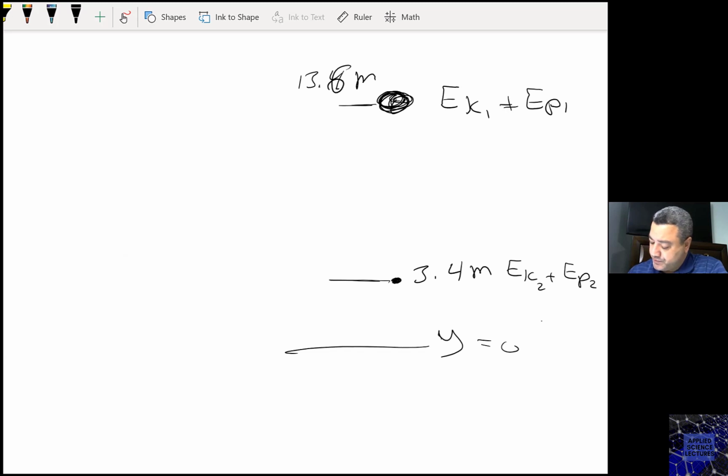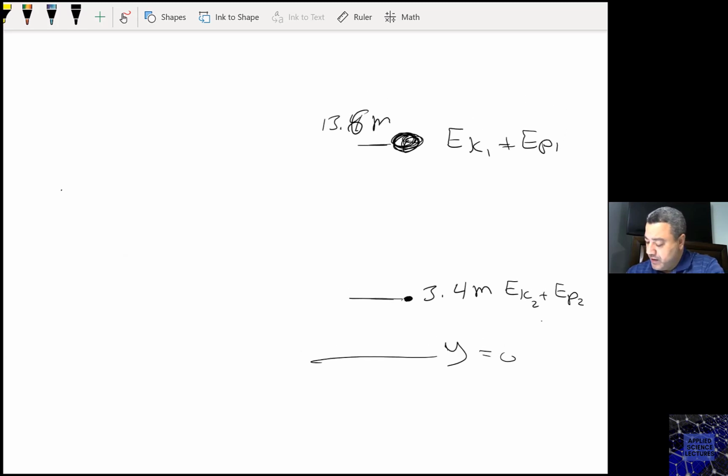So right at this point where he's starting from rest, we know the velocity here is 0, and we know y is 13.6 meters.